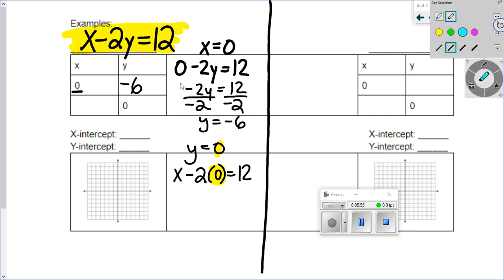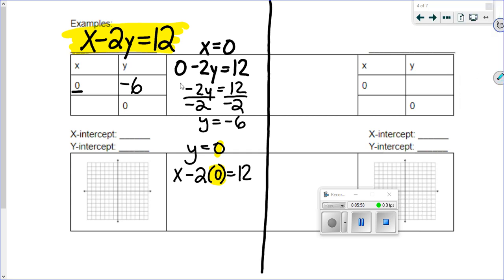In the previous section, I put in 0 for x. Down here, we are on y equals 0. So now I have x equals 12. So now I have point 12, 0. The x-intercept is right here, 12, 0.